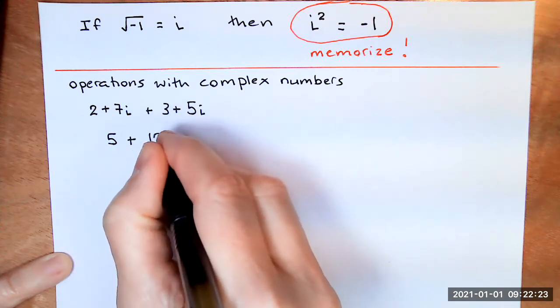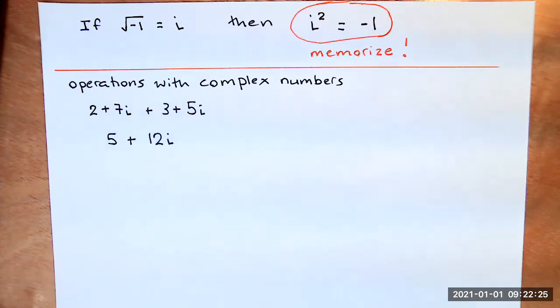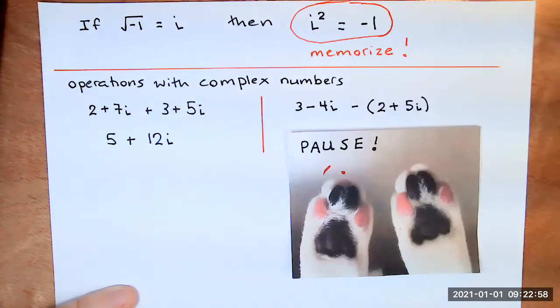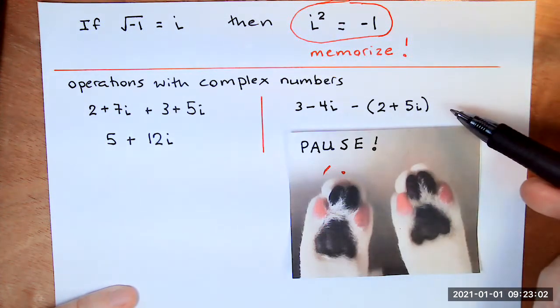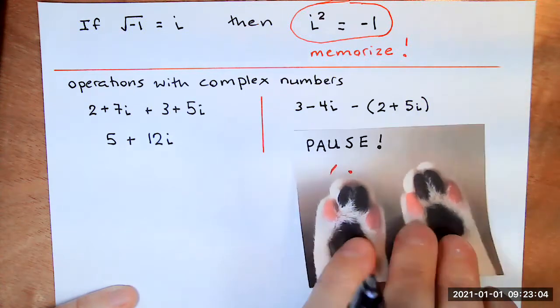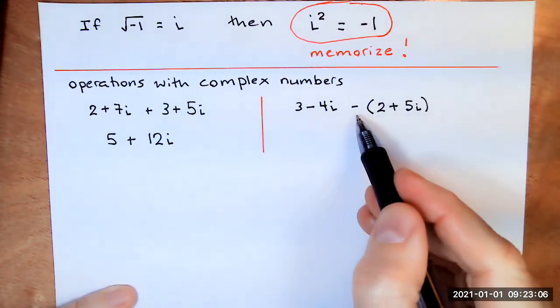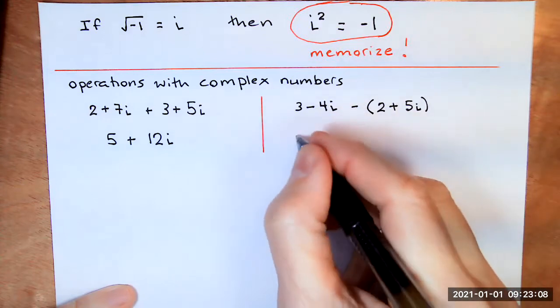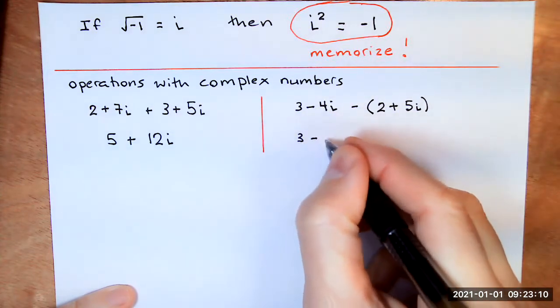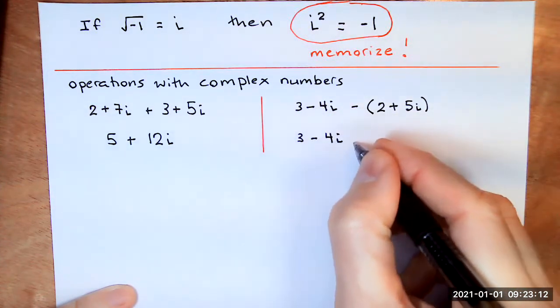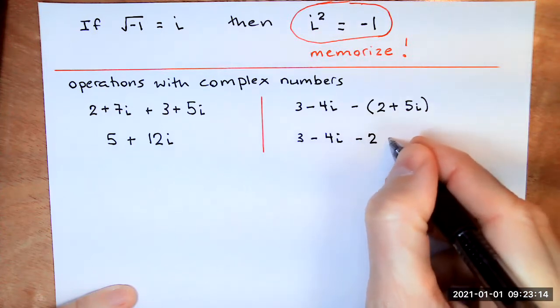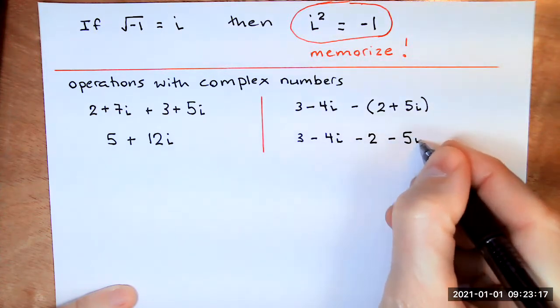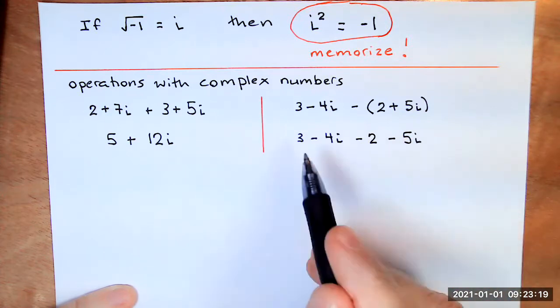You would just get 12i. All right, so let's try this one. So first I would carefully distribute this minus. And then combine like terms.